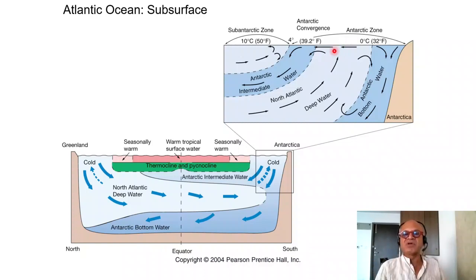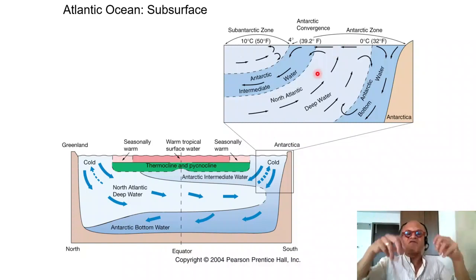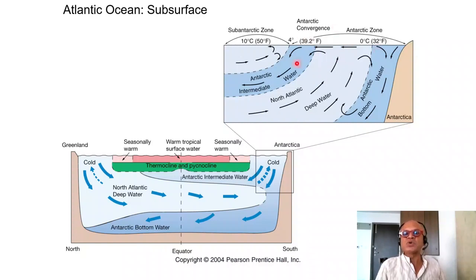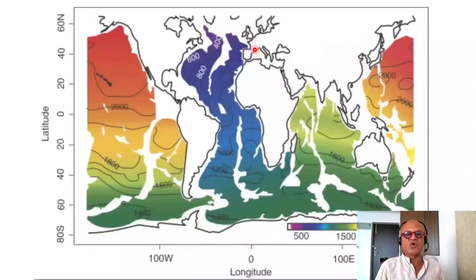So here you have Ekman Divergence, which means water is diverging, so colder water from below comes up, so North Atlantic deep water comes up here. So you have the Antarctic convergence happening here, so subduction or sinking of the intermediate waters and pulling up of the subantarctic zone, and so on and so forth.